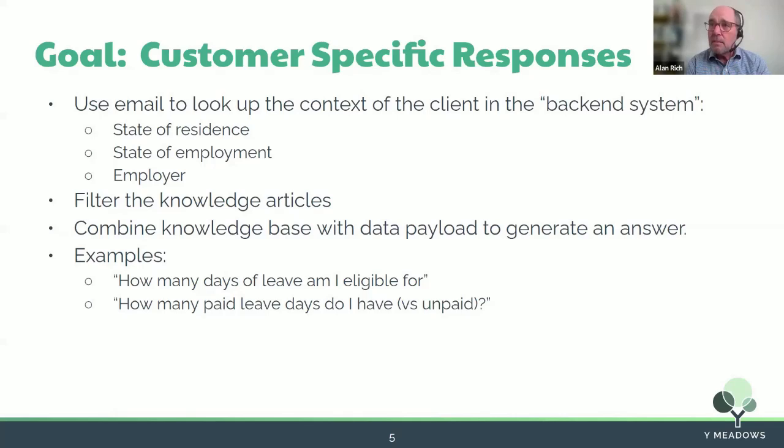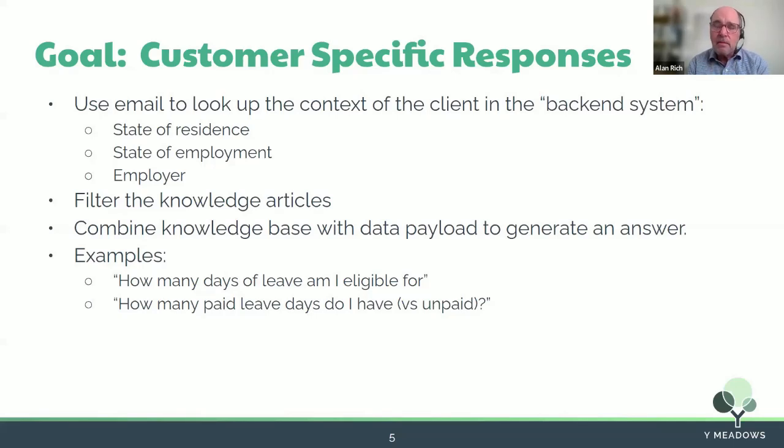So I'm going to give you an example from an HR related use case. Here, the customer sends in their message, and what we do is we look up the state of residence, the state of employment, who the employer is, and based on that information, we're able to filter the results in the knowledge base and get a much more accurate answer specific for that kind of user.